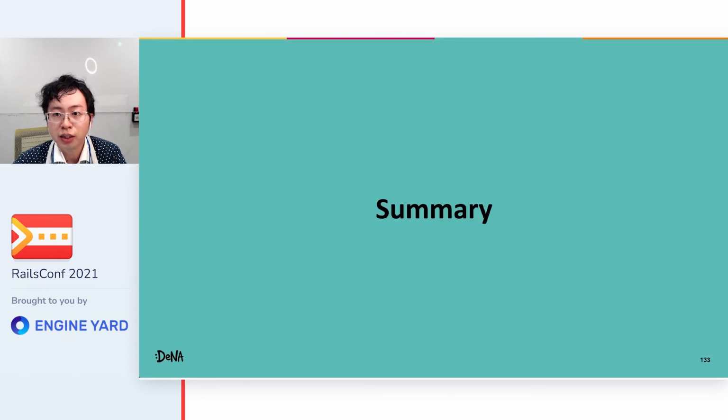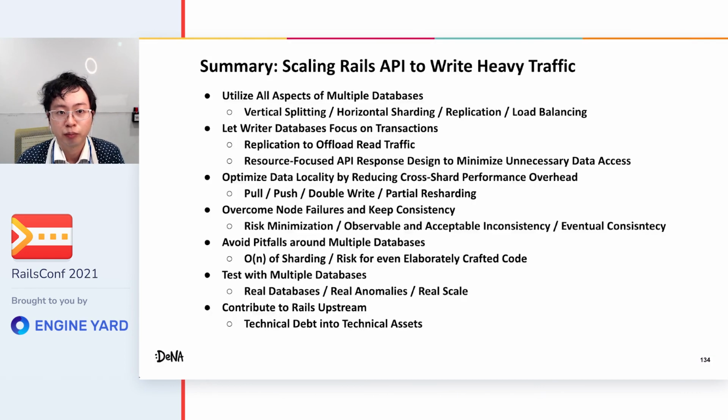So, let's sum up today's session. We have explored various techniques to scale Rails APIs for write-heavy traffic. First of all, we utilize all aspects of multiple databases. Vertical splitting, horizontal sharding, replication, and load balancing are all necessary.